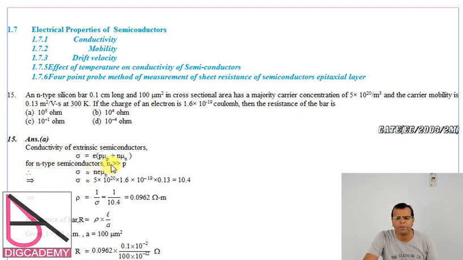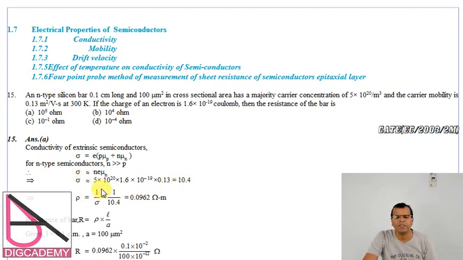For N-type semiconductors, the electrons are majority carriers, holes are minority carriers, and the concentration of electrons is much greater than holes. So sigma is approximately equal to n e mu_n. The other term is eliminated because of the large value of n. By putting the values of n, e and mu_n, we get the conductivity equal to 10.4.